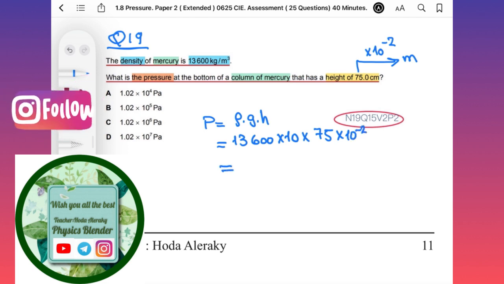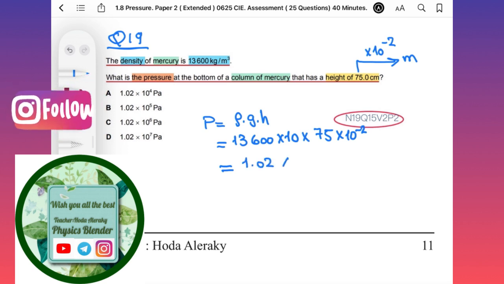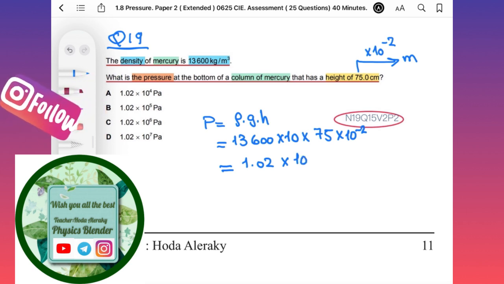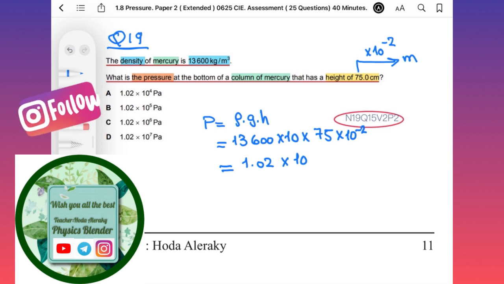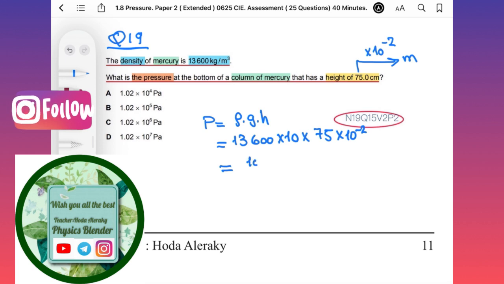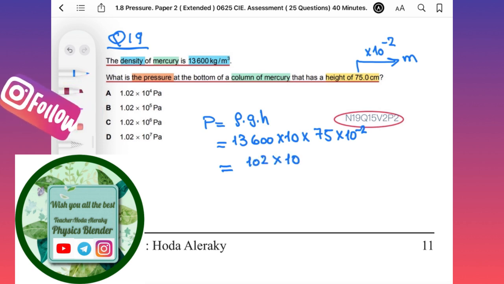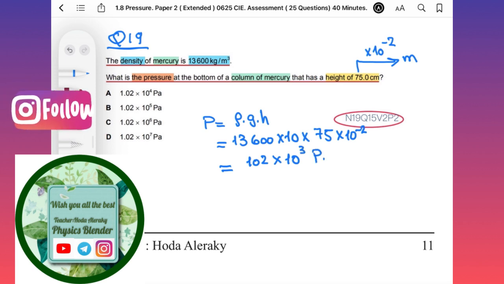Your final answer is 1.02 times 10. You will get your answer first as 102 times 10 to the power of 3 Pascal.